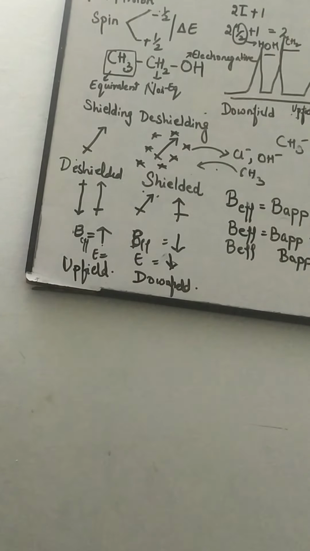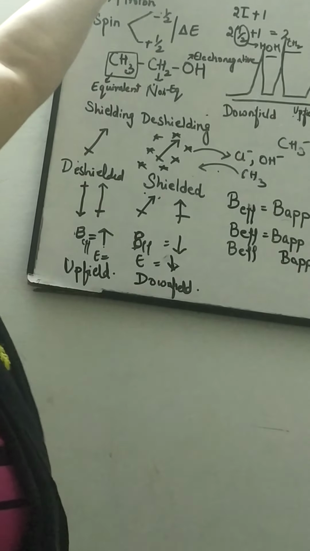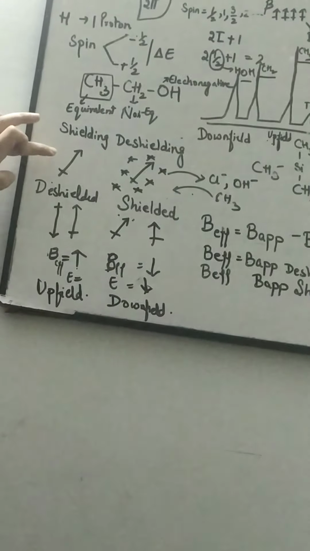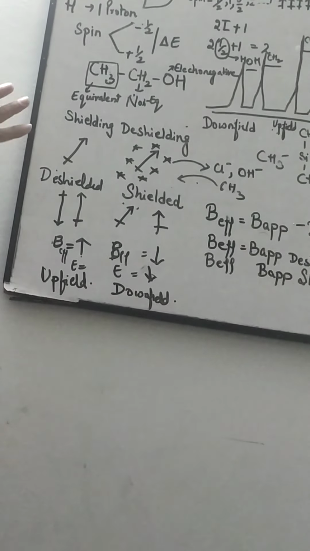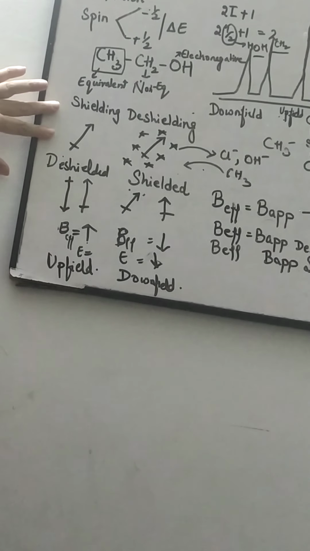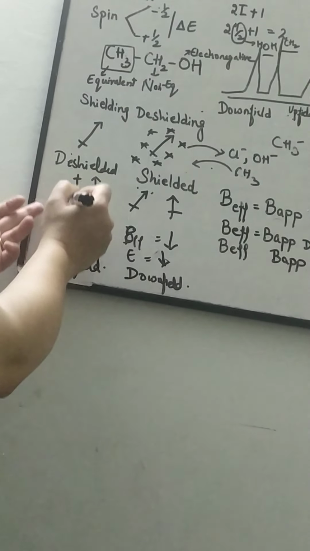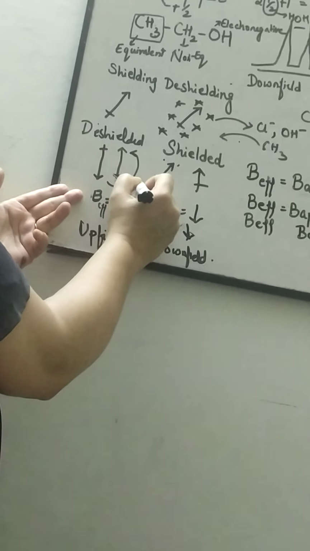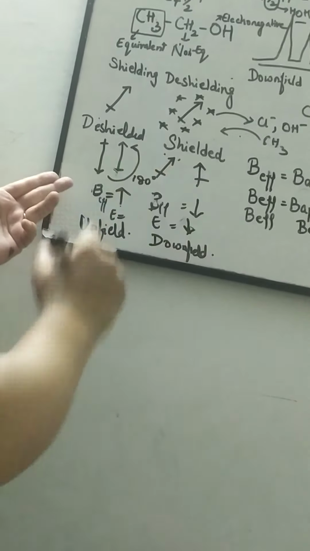Now we know that 2 alignments have to be there. One has to be alpha and the other has to be beta. Now if the nuclear particles or the protons are de-shielded protons, then once they are in this orientation, they have to flip by around 180 degrees. They have to flip by around 180 degrees. So lots of magnetic field is required.